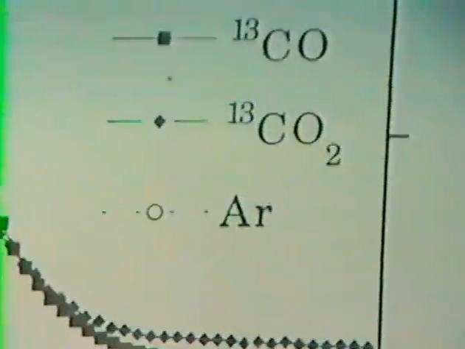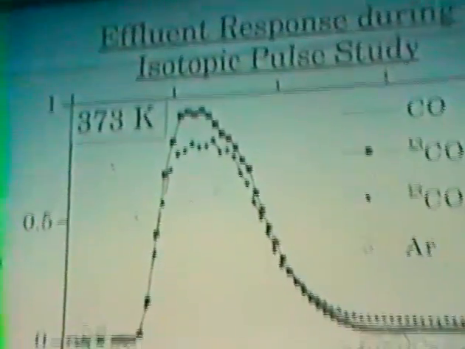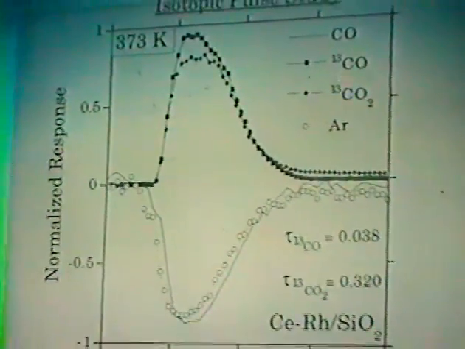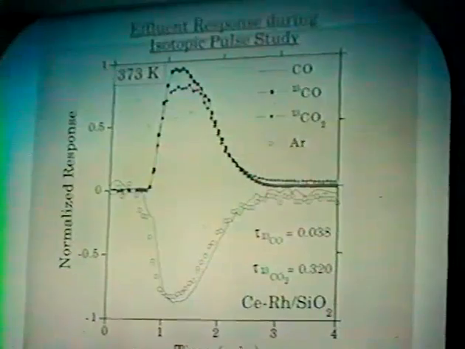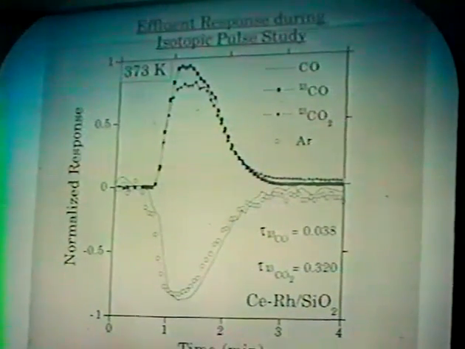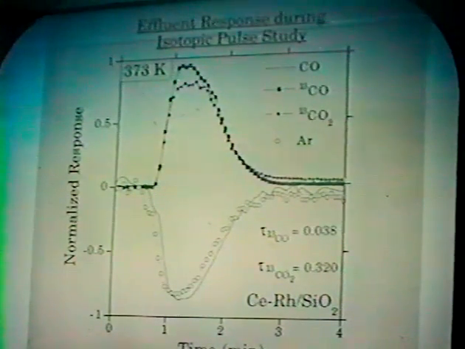So here is the mass spectroscopy result. As we can see here, here is a C13O pulse indicated by this square. And then we have this regular C12O, indicated by this solid line here. The symmetric shape of this pulse indicates C12O was replaced by C13O at a 1-to-1 ratio.